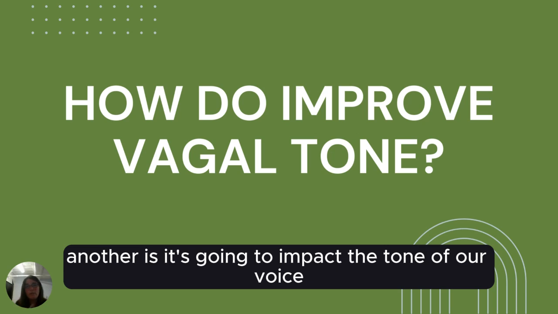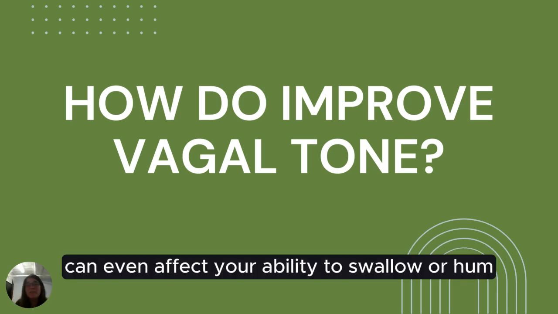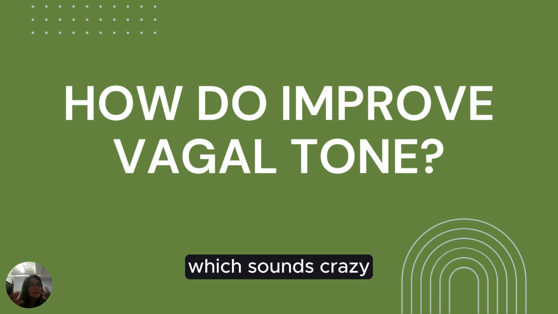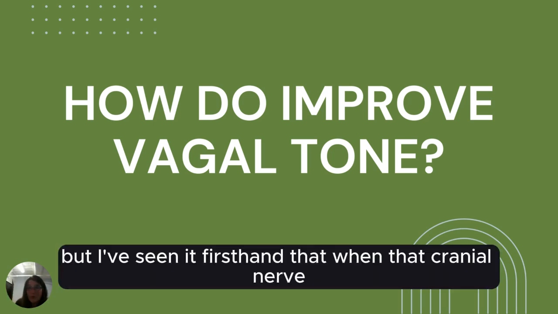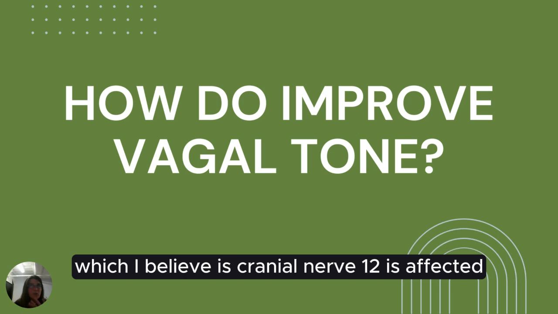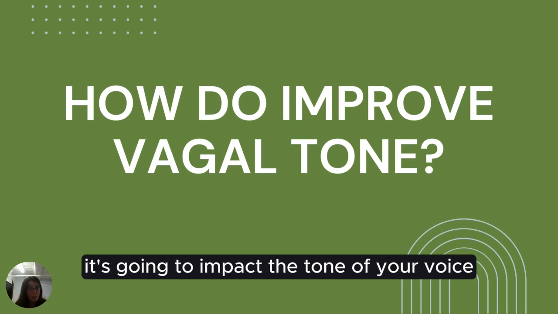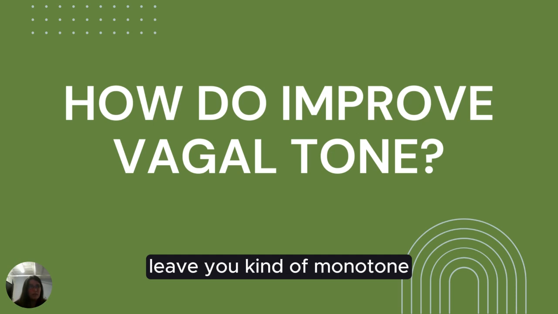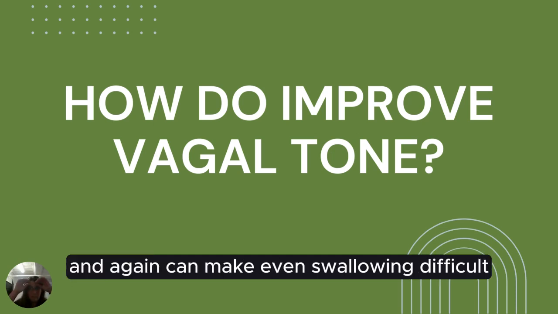Another is that it impacts the tone of our voice and sometimes can even affect your ability to swallow or hum. That sounds crazy, but I've seen it firsthand that when that cranial nerve, which I believe is cranial nerve 12, is affected, it impacts the tone of your voice, leaves you kind of monotone, and can make even swallowing difficult.